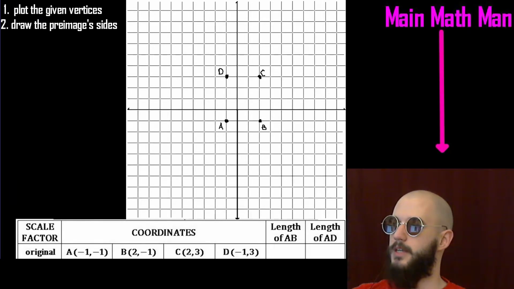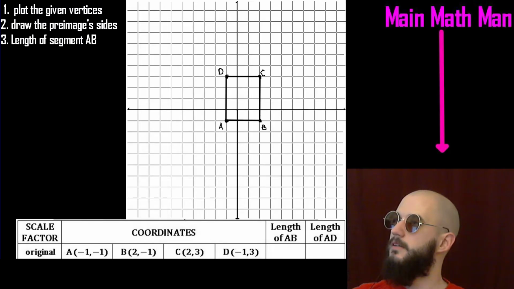And so the second step, draw the pre-image's sides. So that way you know for sure that you can clearly see what the picture is supposed to look like. And so we draw it out and we're good. So now, how are we supposed to dilate? Well, very simply, we take one step at a time.